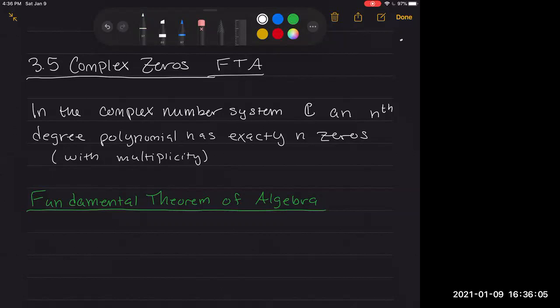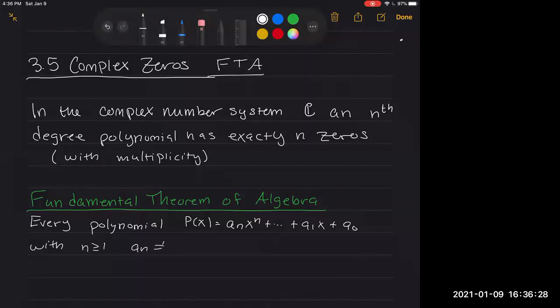What it says is that every polynomial p of x equals a_n x to the n, all the way down to a_1 x plus a_0, with n greater than or equal to 1 and a_n not equal to 0, with complex coefficients.